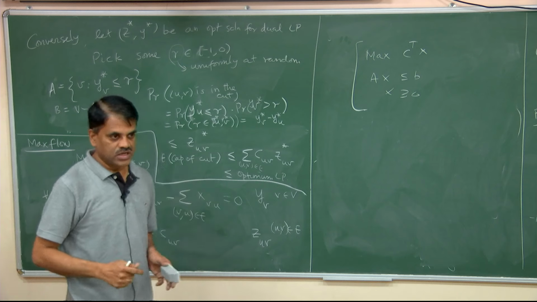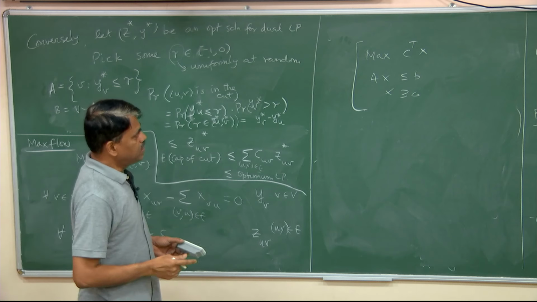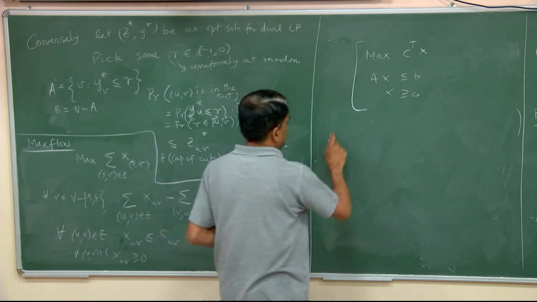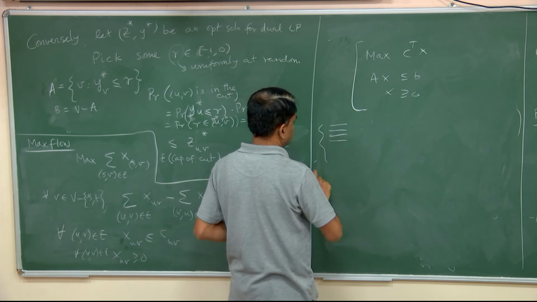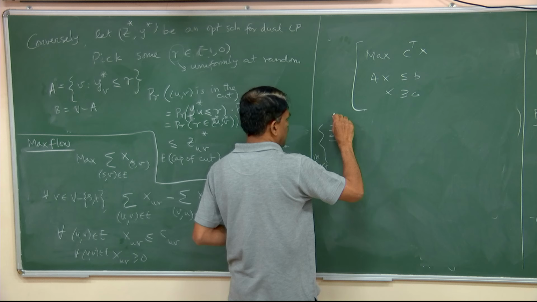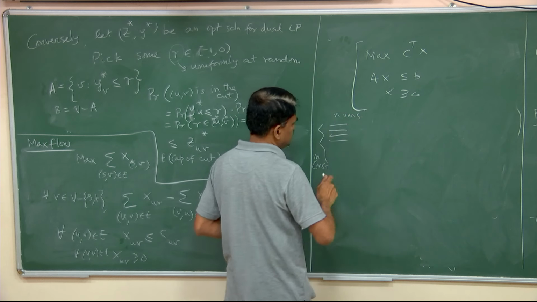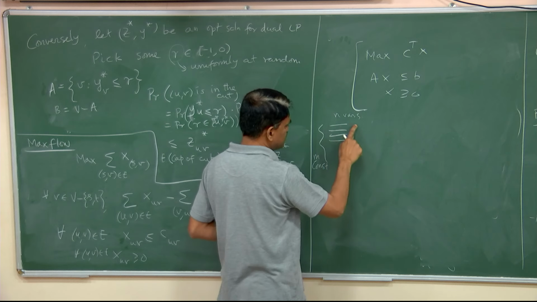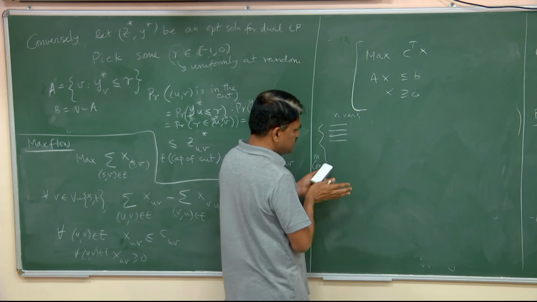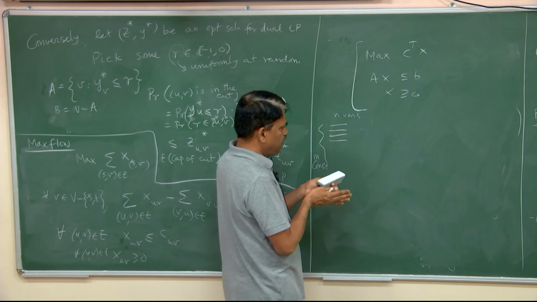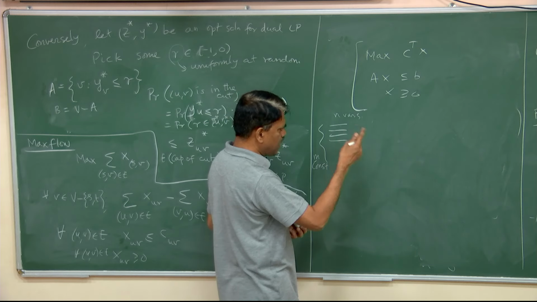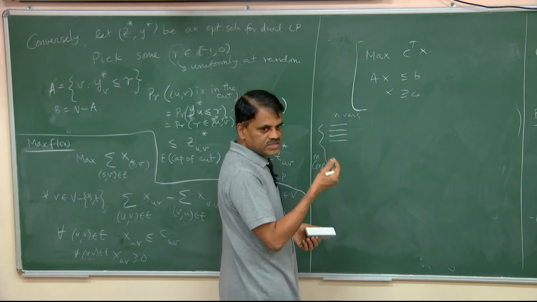A has M constraints and N variables, and M is much larger than N. If you pick some N of these constraints and solve them as equalities, then the solution to that N by N system is a vertex.